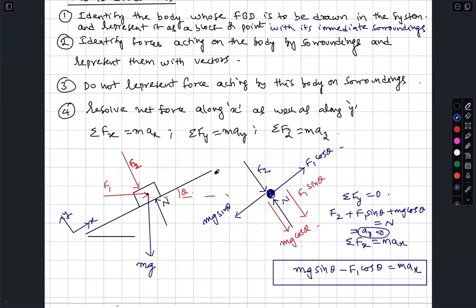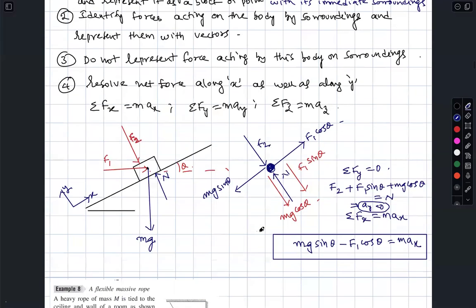Of course, the block also exerts force on the inclined plane, which I did show in this free body diagram. Now I have represented the block as a point, and resolved all the forces into y components and x components separately. For each, sigma Fx is 0, sigma Fy is 0, likewise I have done. So in this situation, I got Ax, and Ay is 0.